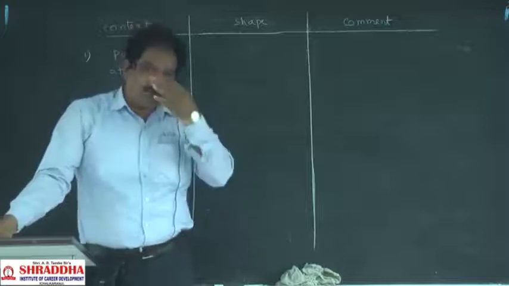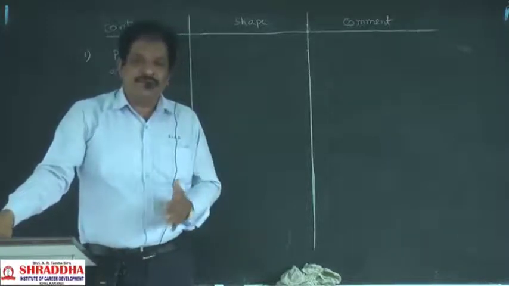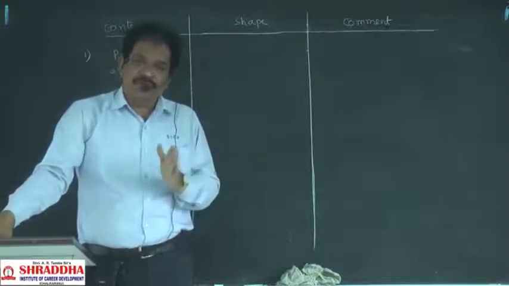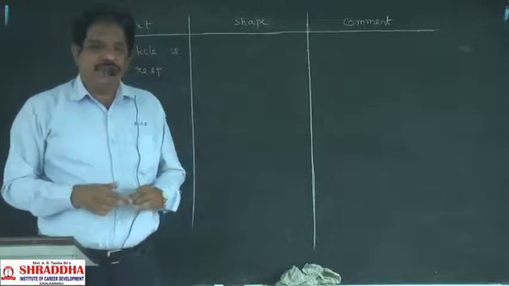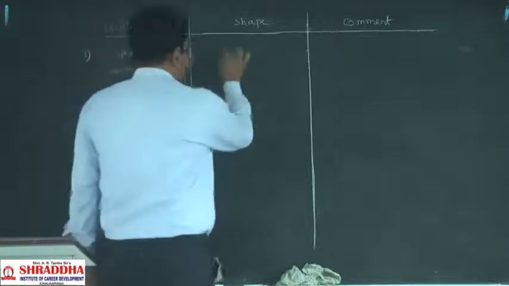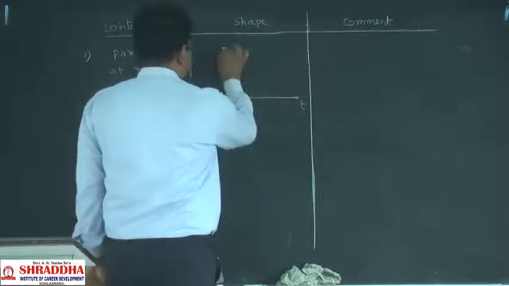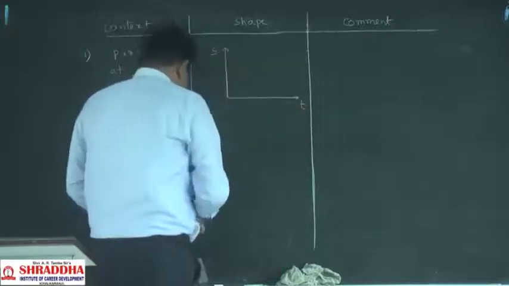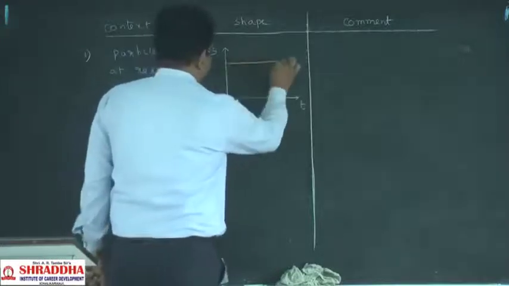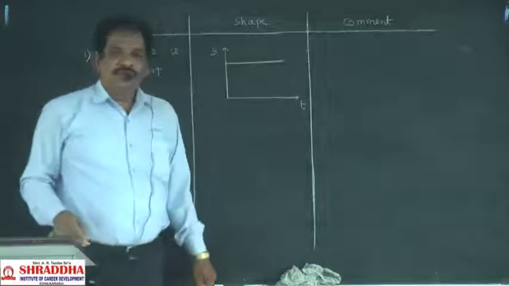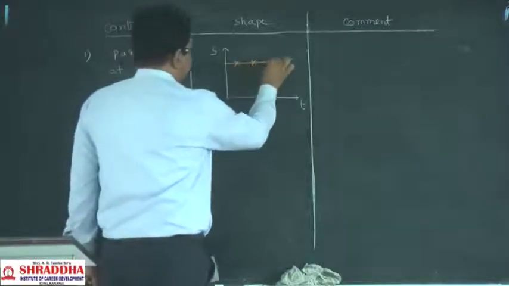Position of the body is not changing with respect to time. It will have the same position at all times. So if this is T, if this is displacement, graph shape will be like this.